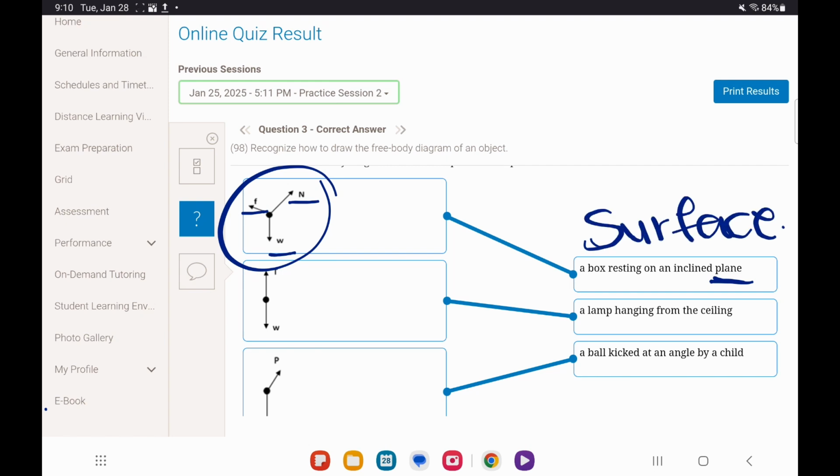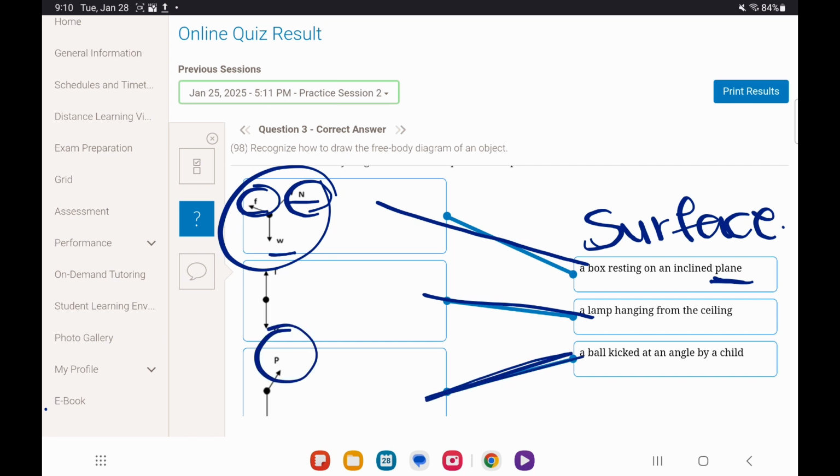When we have a surface, we always have normal reaction and friction. So that automatically puts that to that. We already solved this. What stays for this one? I really don't know what P is. If I don't know something, I keep it to the end. I find all the other answers, and then I see what stays free for it, okay?